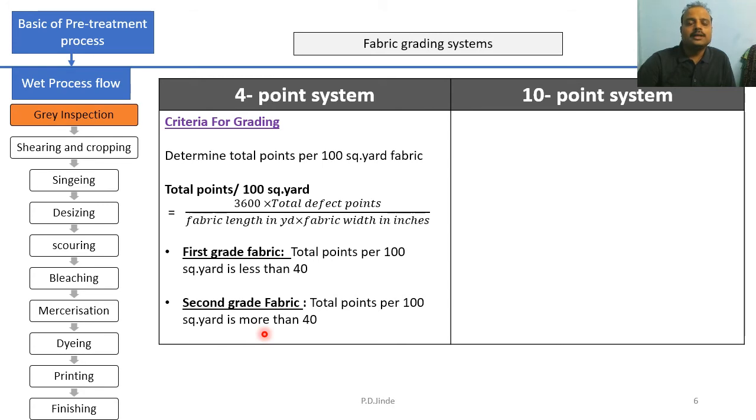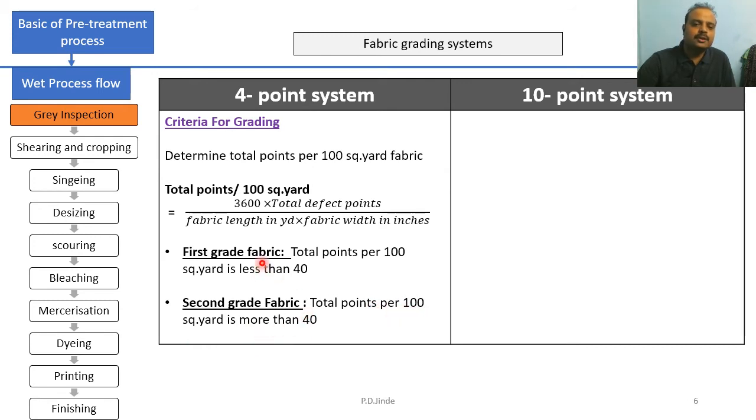We need to take an example, and with the example I will show you how a fabric is graded, whether it's a first quality or second quality. But let's understand the criteria: first quality criteria is if total points per 100 square yard is less than 40, in that case we can grade the fabric as first grade, and second grade if the total points per 100 square yard is more than 40.